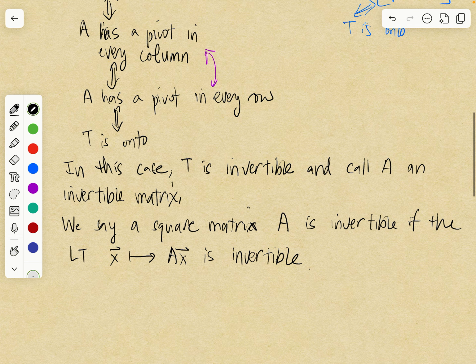And so that's the definition of invertible, so please memorize this. Now I should say that some textbooks define invertible matrices in a different way in terms of matrix multiplication, and we'll see that it's actually equivalent. So we're talking about the same type of matrices.